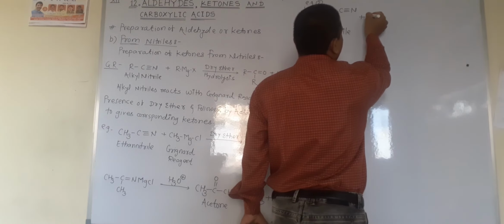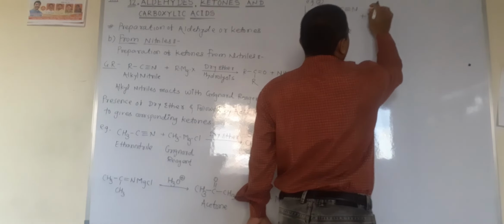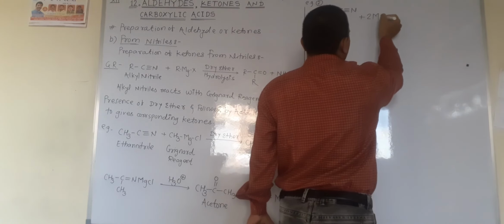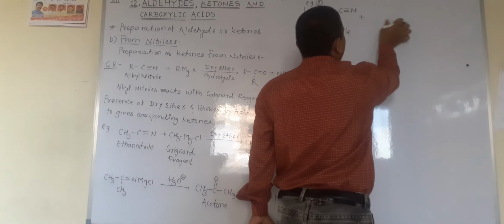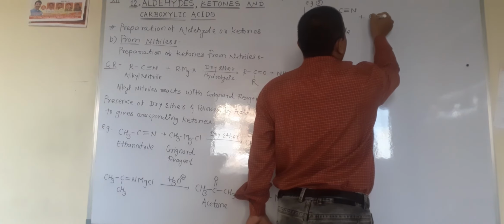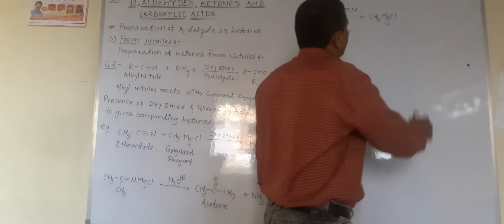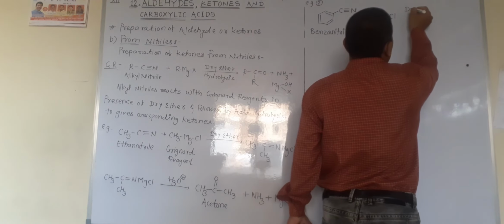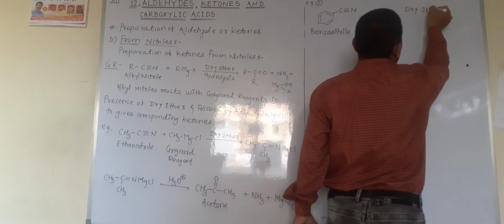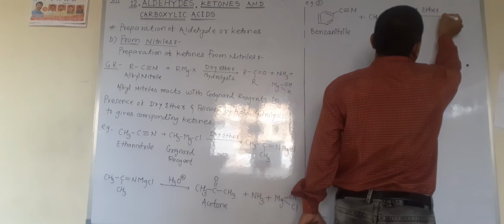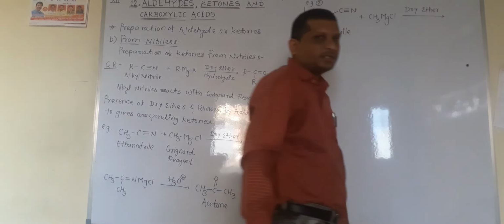Benzonitrile, C≡N, reacts with a Grignard reagent, CH3MgCl. Br can also be used; halides can generally be Cl or Br, in the presence of dry ether.